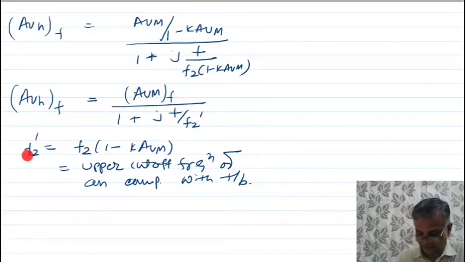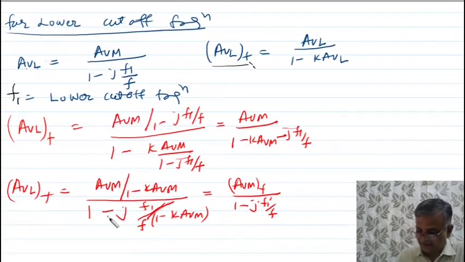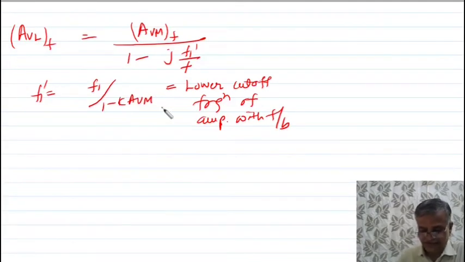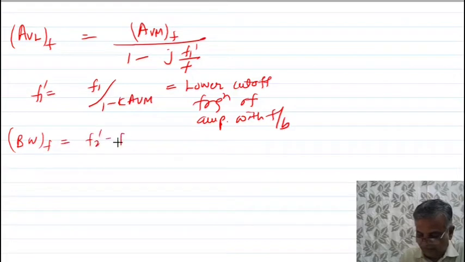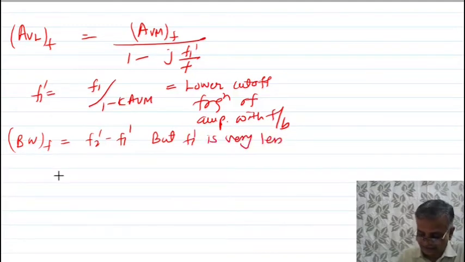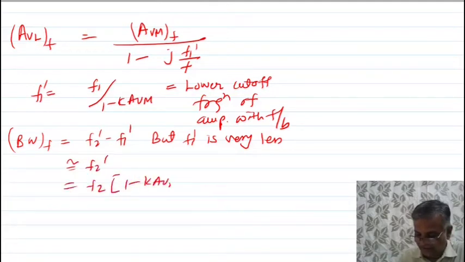F2 dash increases, f1 dash decreases. So what is the bandwidth of the amplifier with feedback? Already we know it is f2 dash minus f1 dash, but f1 dash is very less, so I can write f2 dash. So it is f2 into 1 minus K AVM.